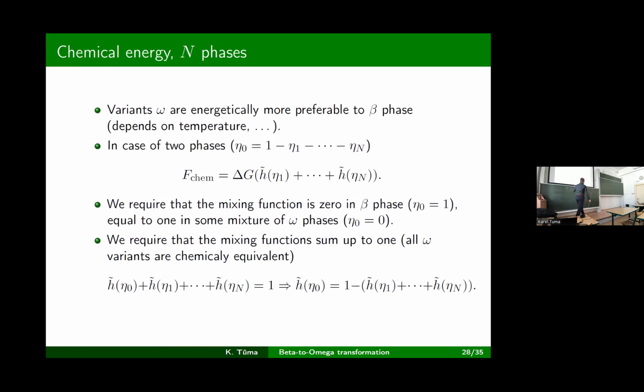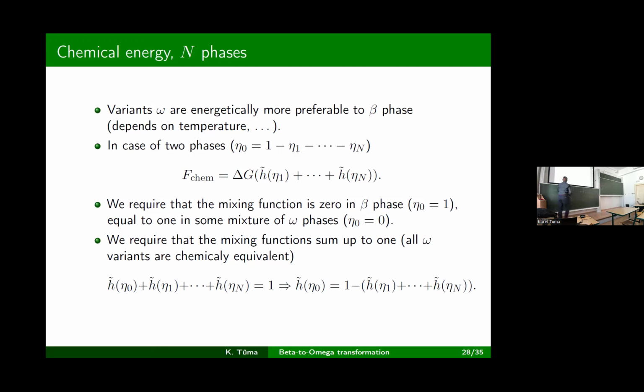If we have n plus 1 phases, it is more complicated. First of all, chemically, all omega variants are equivalent, which means that it needs to look like this. So the chemical energy is in this form, and now we are trying to generalize the chemical energy from two phases to n plus 1 phases.